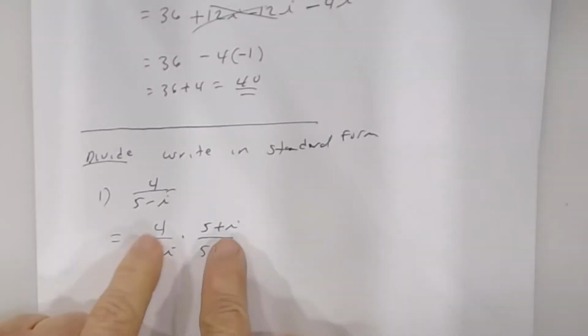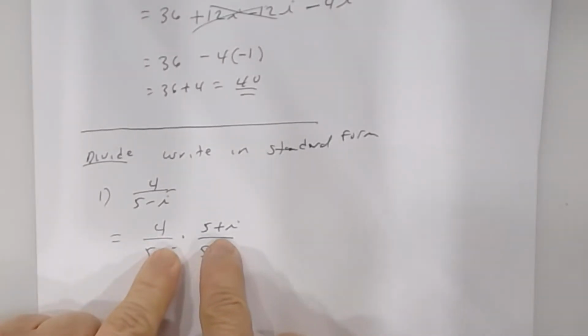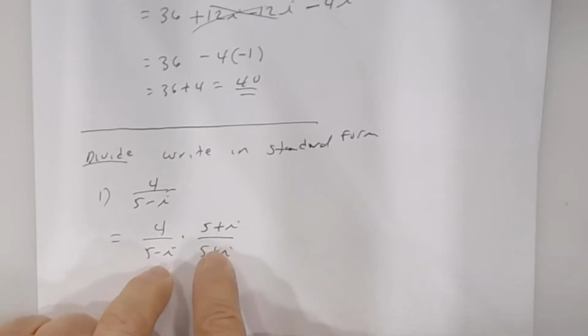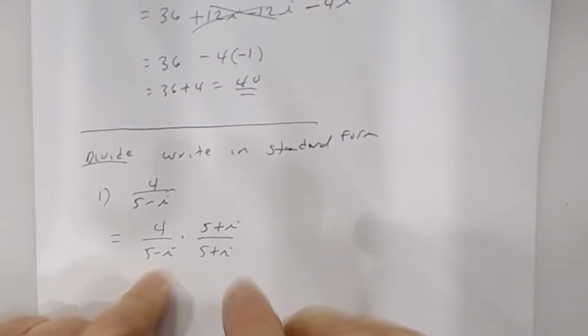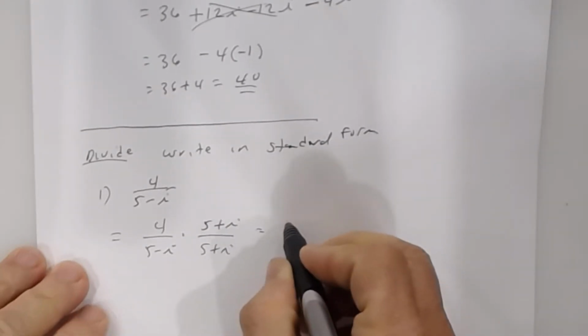Now you're going to multiply these two numerators. What idea are you going to use to multiply these two numerators? The distributive property. What idea are you going to use to multiply these two denominators? FOIL. Okay? So basically what's happening is this.